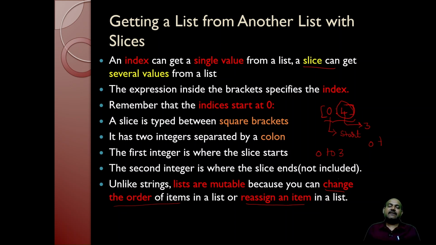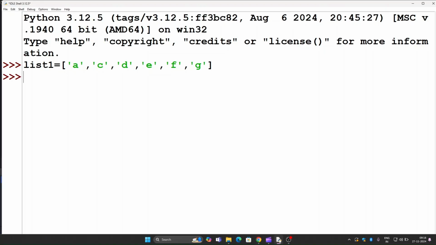Let us understand this slicing of a list by taking some examples. Here I have considered list 1 equals some elements like A, C, D and so on. Now if I want to take a slice from C to E, as we know the indexing of the list starts from 0. So index 0 is A. Similarly, index 1 is C, index 2 is D and so on.